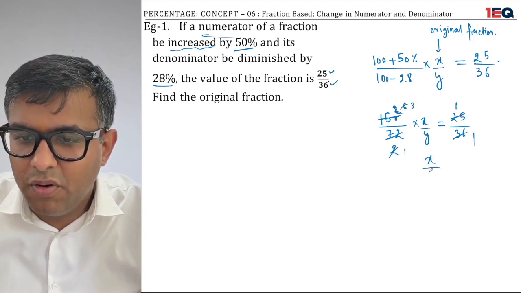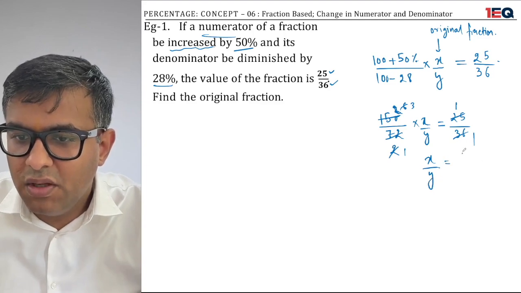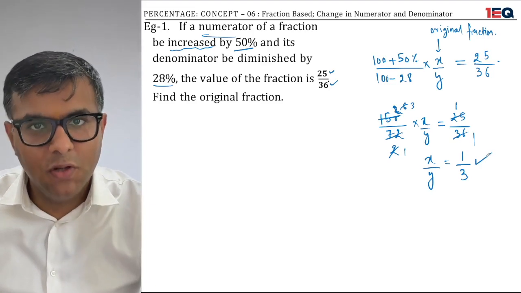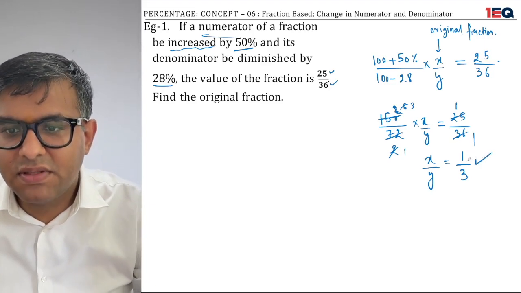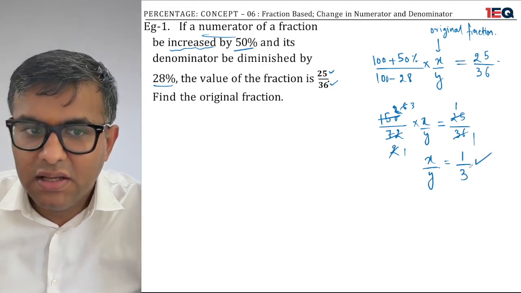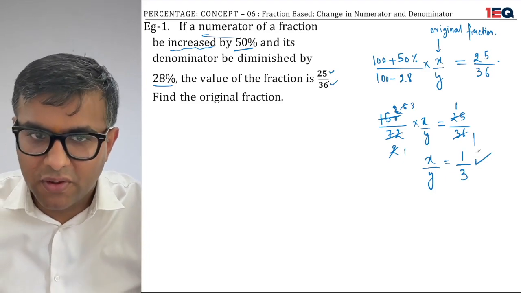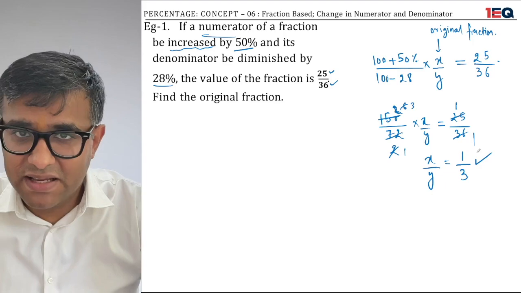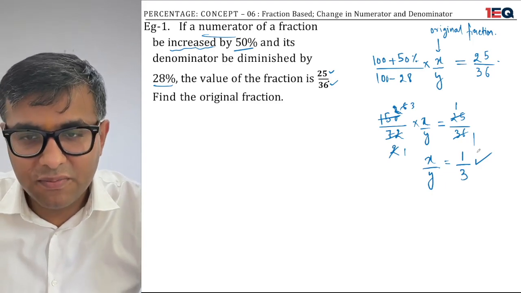So x upon y comes out to be 1 by 3. This is the original fraction that we were looking for. Pretty simple, pretty easy. These questions have come in the examination, so I'm pretty sure they would still be asked again.